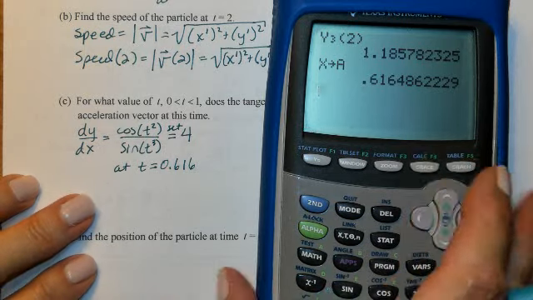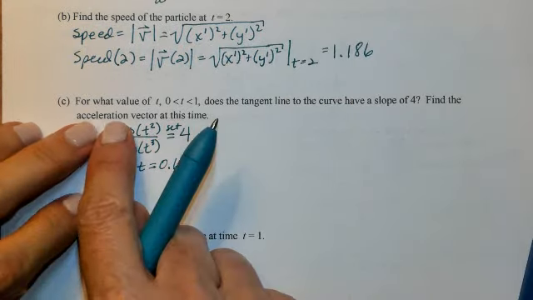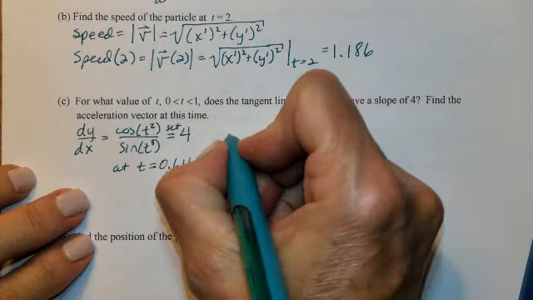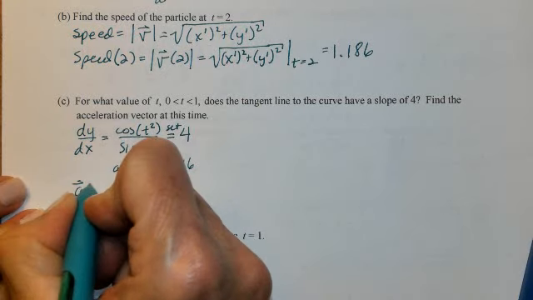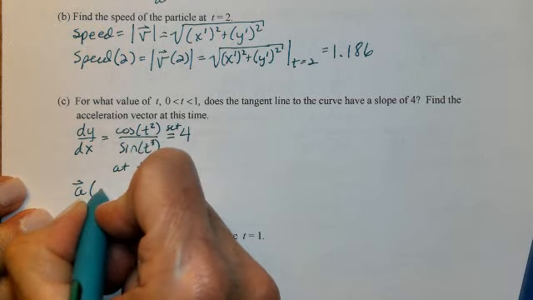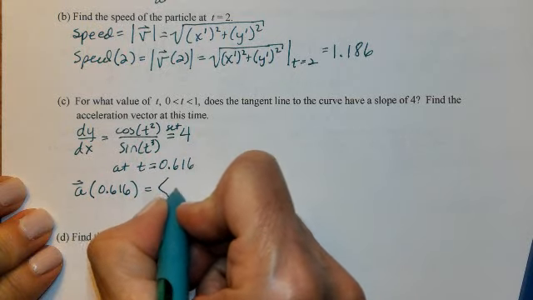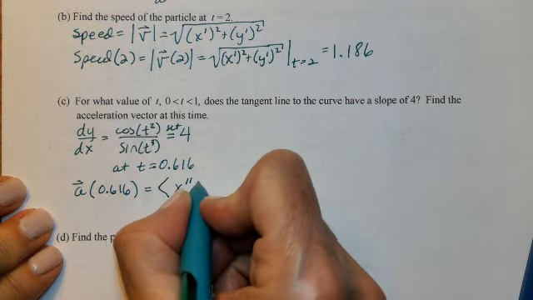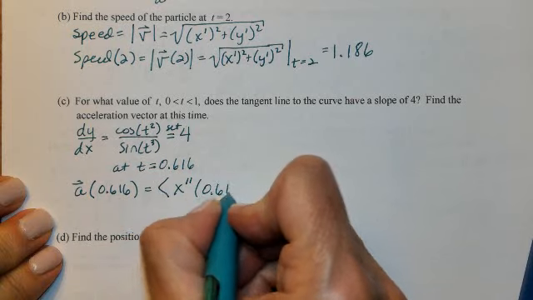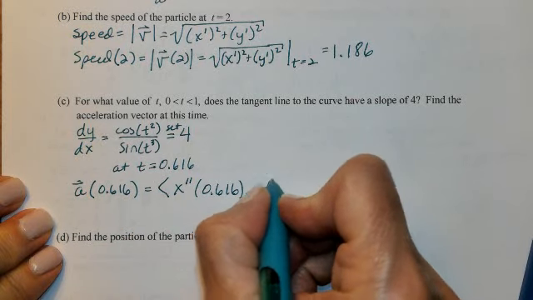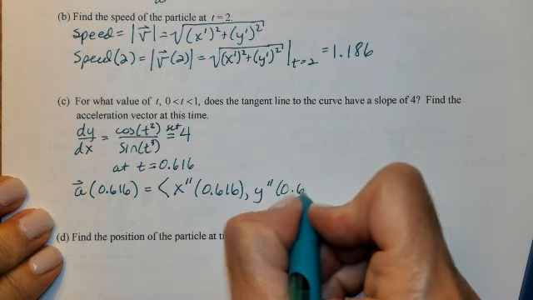Okay? And now I want to find the acceleration vector at that time. So the acceleration vector at that time is equal to the second derivative of x at that time, the second derivative of y at that time, right?